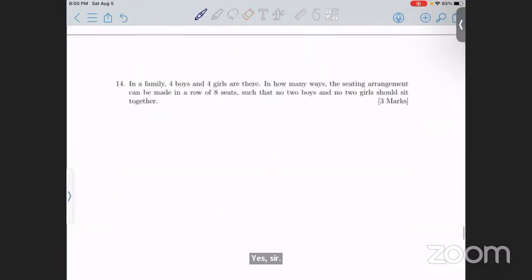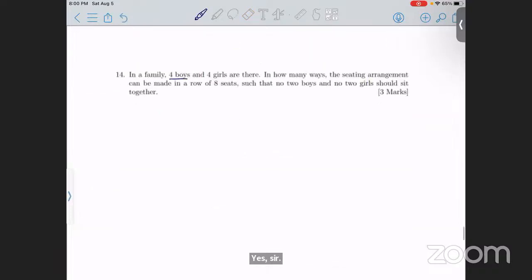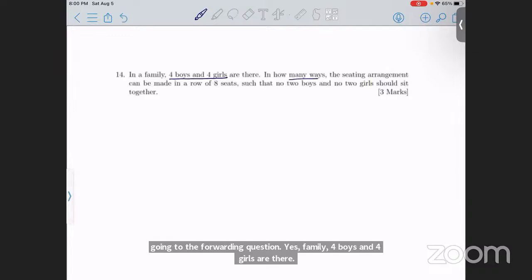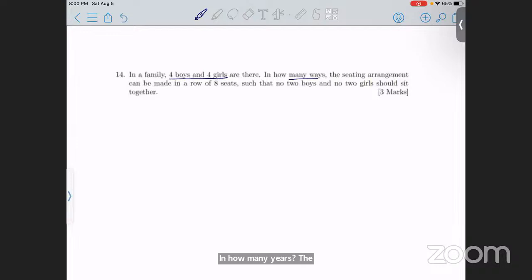Coming to the 14th question. In a family, 4 boys and 4 girls are there. In how many ways can the seating arrangement be made in a row of 8 seats such that no 2 boys and no 2 girls should sit together? Look, first I will select boys: 1, 2, 3, 4.